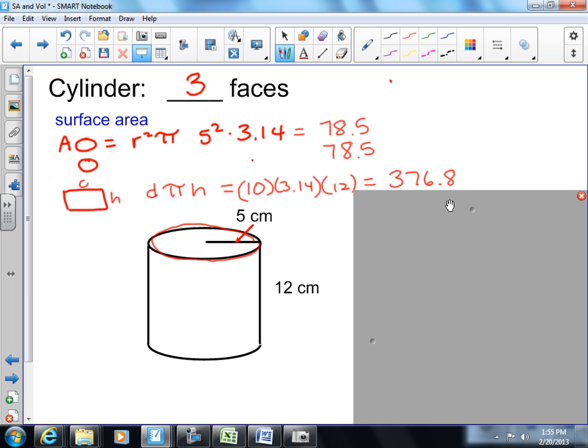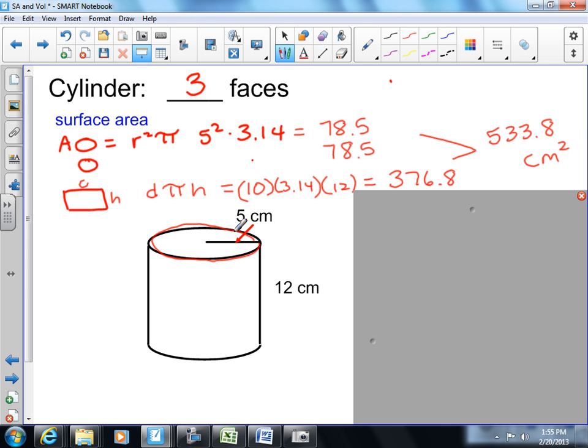Now, to find the surface area, have I found the area of all 3 faces now? Okay, I've got to add them all up now, and give me a total, please. 533 and 8/10 centimeters squared, or squared centimeters.